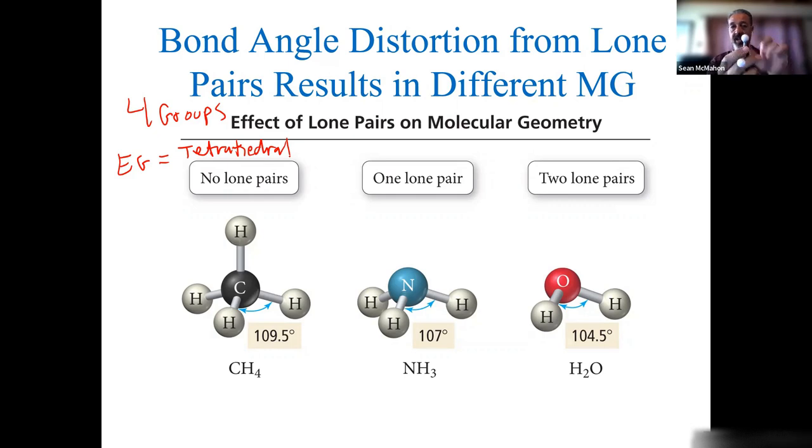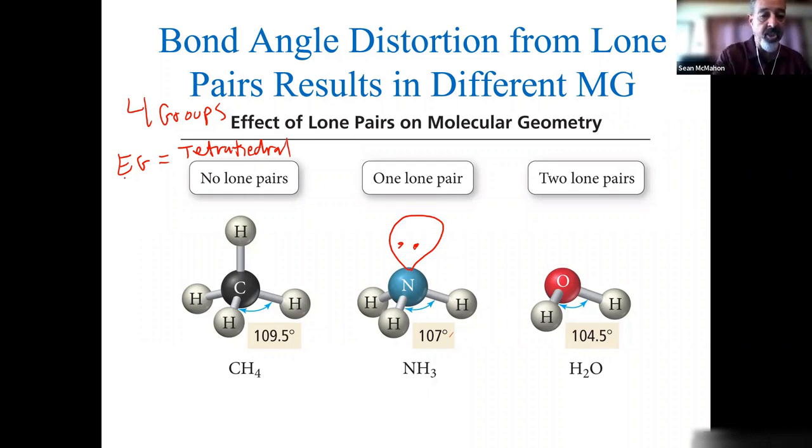However, in the case of ammonia, one of the groups, because what they're not showing you here is there's a lone pair. The reason why they're not showing you is typically there is a difference between electron group geometry and molecular geometry. Molecular geometry only looks at the atoms. So all of these have 4 groups, so all of their electron group geometries are tetrahedral.